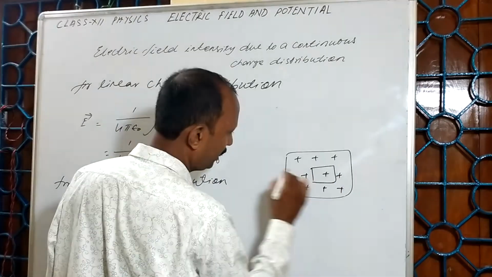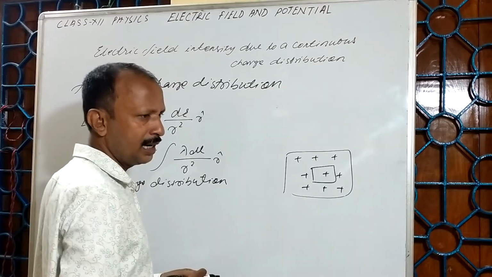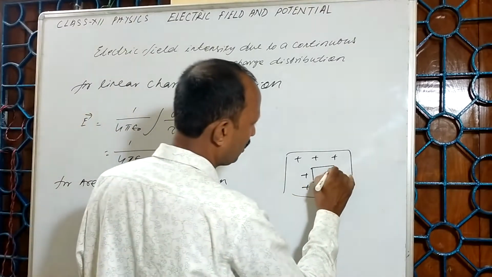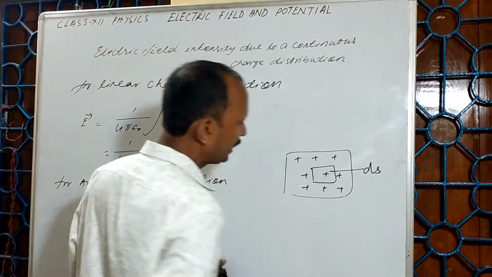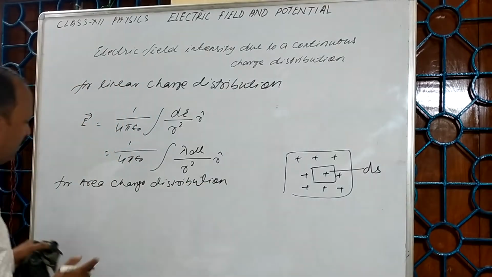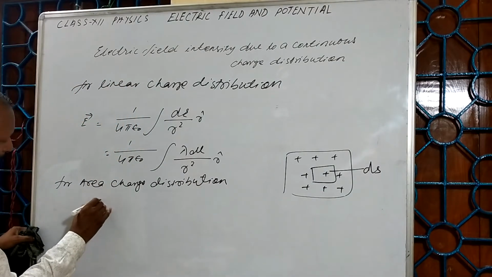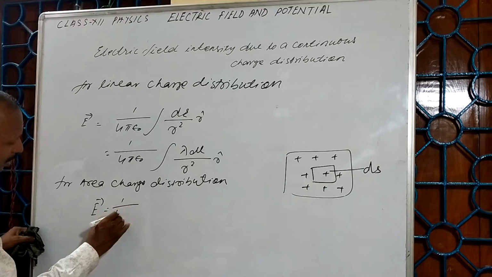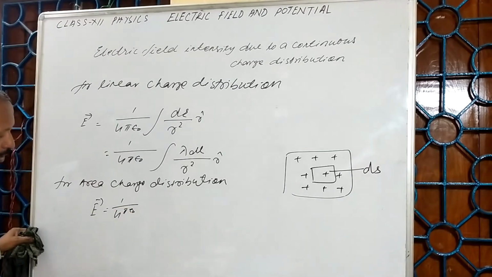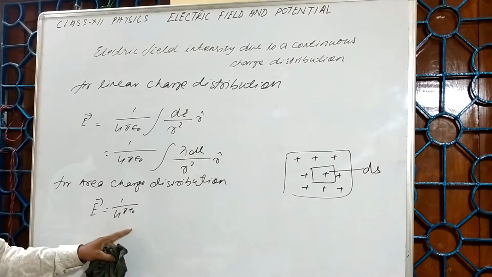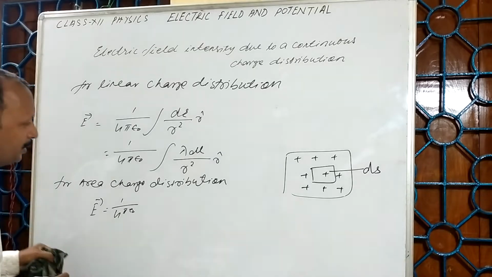From that I shall take a small area, suppose that surface area is ds. In that case I can say the electric field intensity is 1 upon 4 pi epsilon naught, with epsilon naught because we are considering free space.